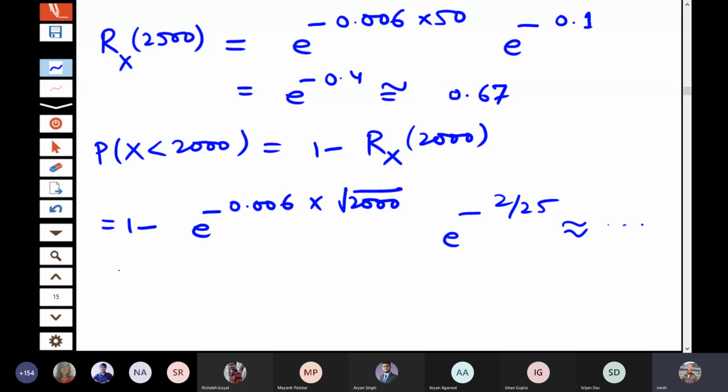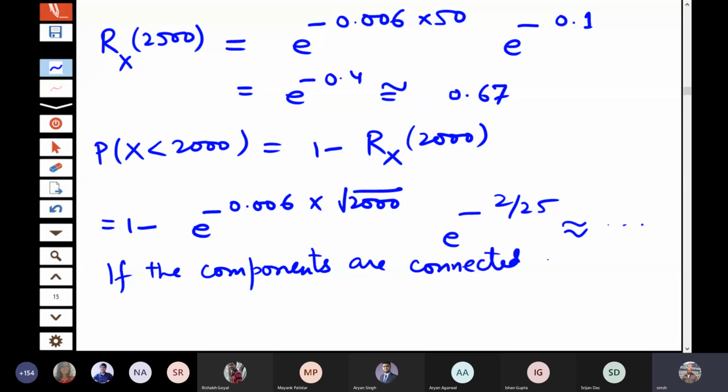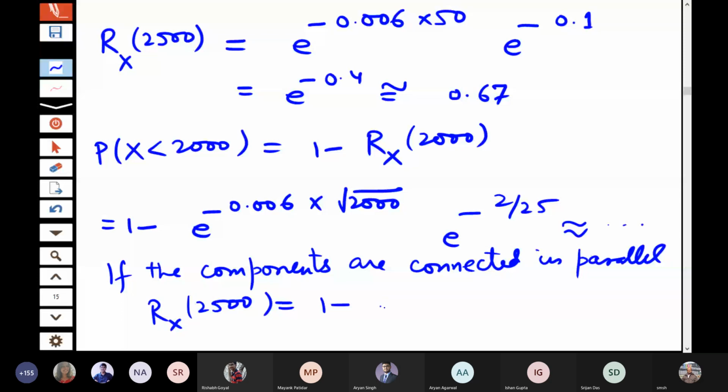And then the third part is the reliability if the components are connected in parallel, then you will have 1 minus, e to the power minus 0.006 into 50 and 1 minus e to the power minus 0.1, and 1 minus of this.